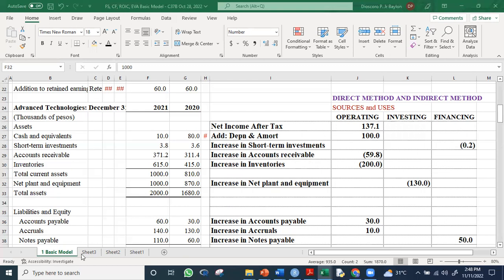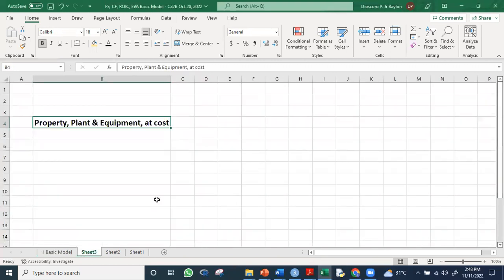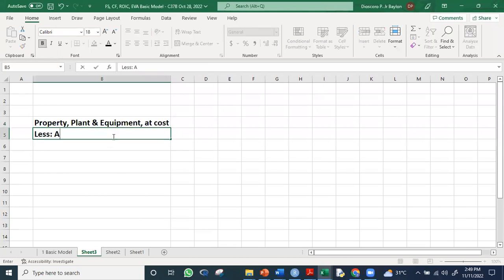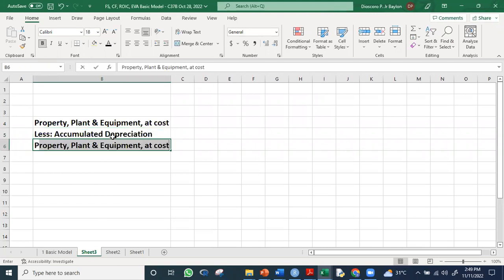So let me go back here to this sheet. You have property, plant, and equipment at cost, and then you subtract from here your accumulated depreciation to get your PPE net.